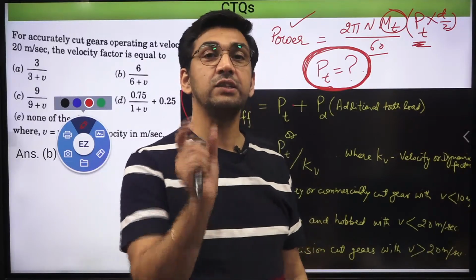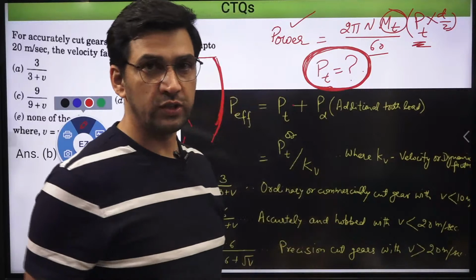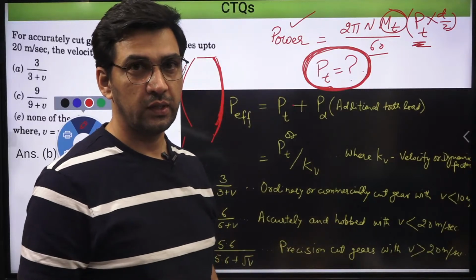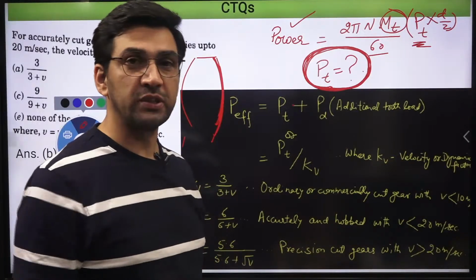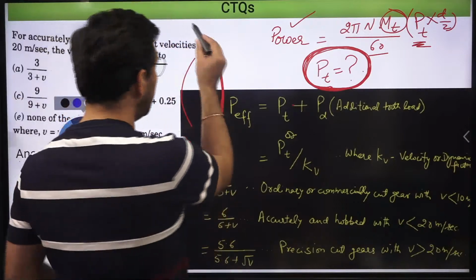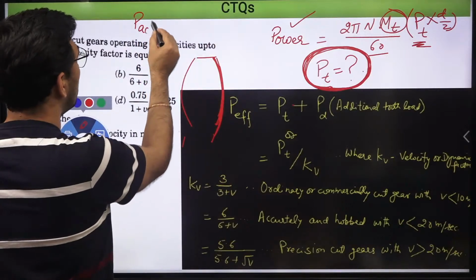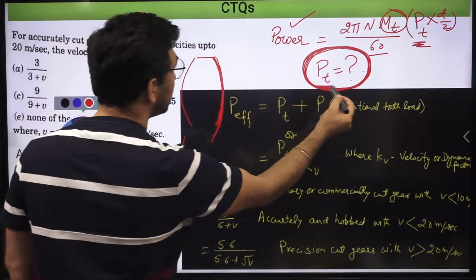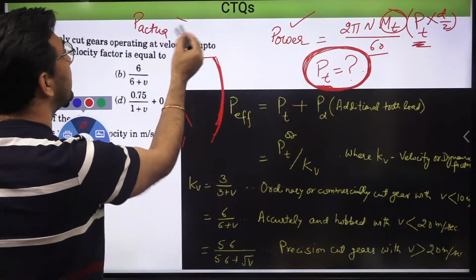So what is that additional gear tooth load? If you can find it out, then your job is done. Then you can tell me that this is the actual load acting on the gear tooth. So it means the actual tooth load will not be the same as what you have calculated from this, but will be greater than PT.